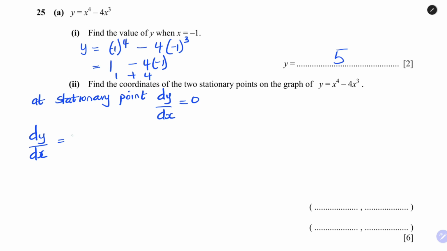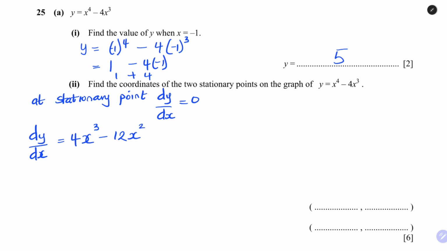So the power coming down is 4, x, reducing it by 1 gives us x raised to power 3. It's that easy. Okay, minus, the power comes down. The original coefficient there is 4. So the power joining it makes it what? 12. And we reduce the power by 1. So that is 12x raised to power 2.